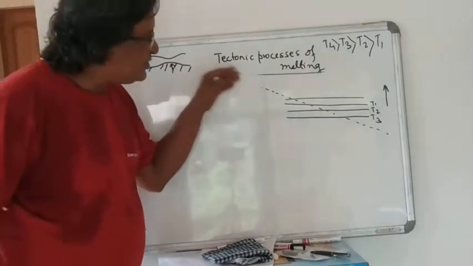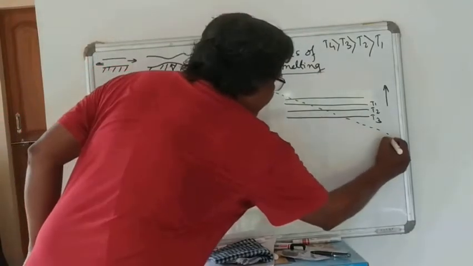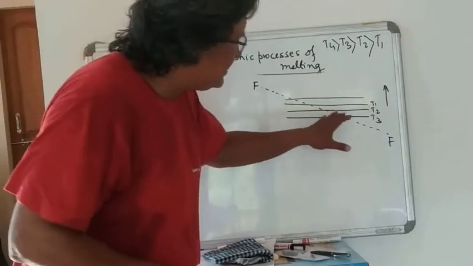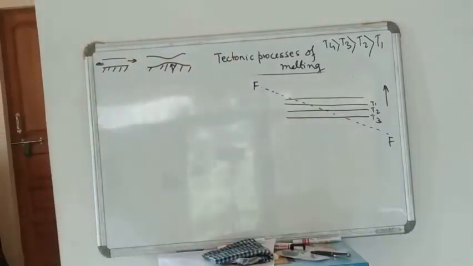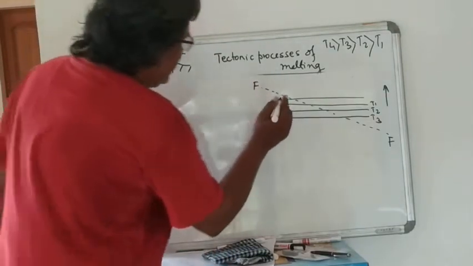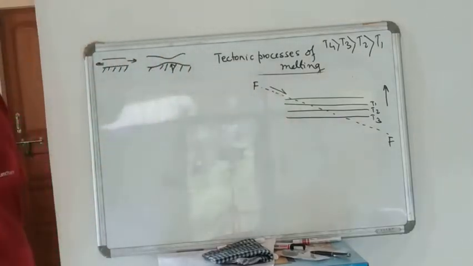So this line actually is the trace of a fault plane. We have talked about fault planes. So let's say this is a fault plane. Now let's see what happens. If this is a normal fault, then this would be the direction.